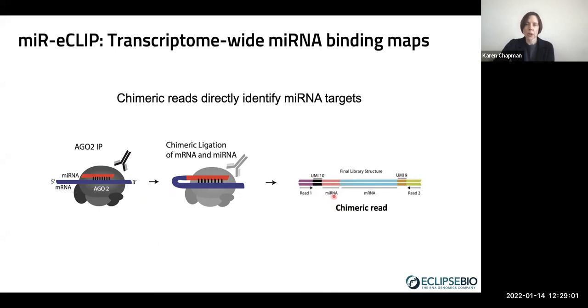So a microRNA fused to its mRNA target. And this library structure is actually very useful because, as you can imagine, you can look at many different microRNAs and where they're bound transcriptome-wide.